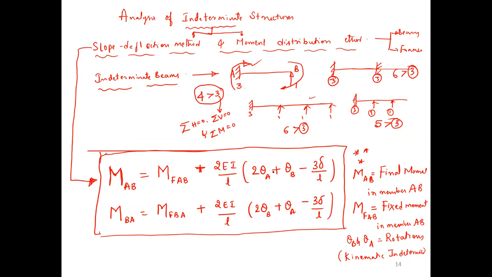Both are the same. These particular methods are stiffness or displacement methods. And what is delta? Delta, in the case of beams, is the sinking contribution.